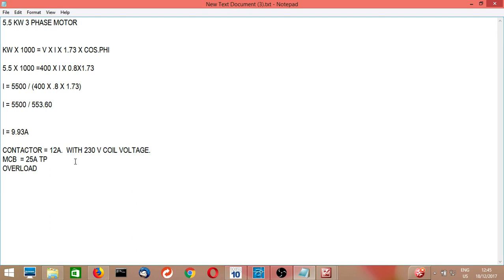And this MCB will give short circuit protection and everything. So our starter is now considered with the contactor, MCB, and overload.